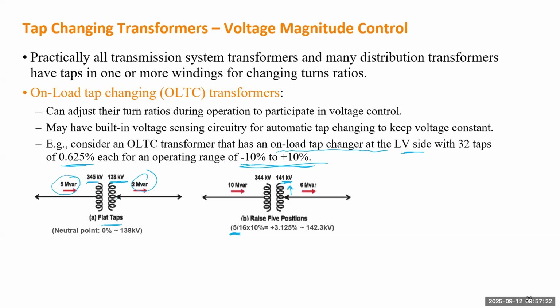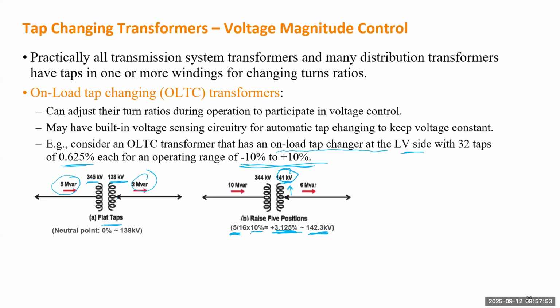So 5 divided by 16 multiplied by 10% is equal to 5 multiplied by 0.625%. That tells you if you move up by 5 positions, you are going to increase voltage by about 3%. By calculation, that is about 142 kV. But actually, you only get 141 kV, slightly lower than the expected value.